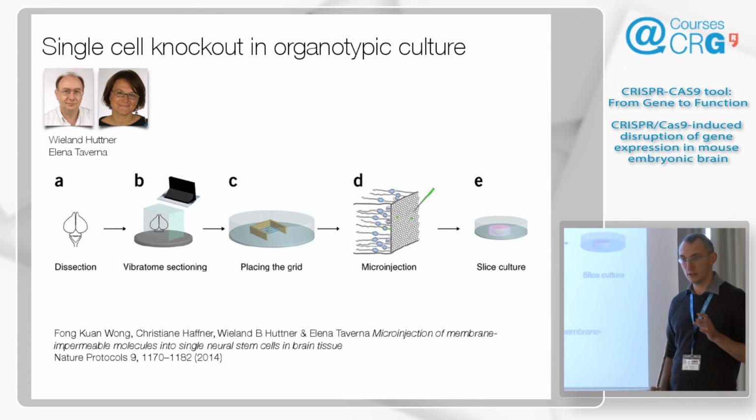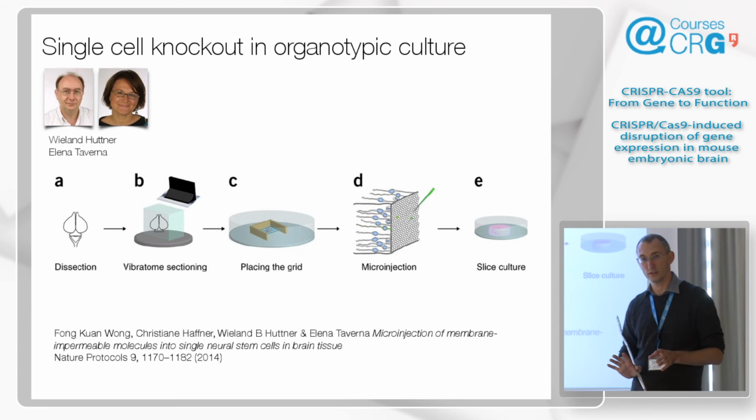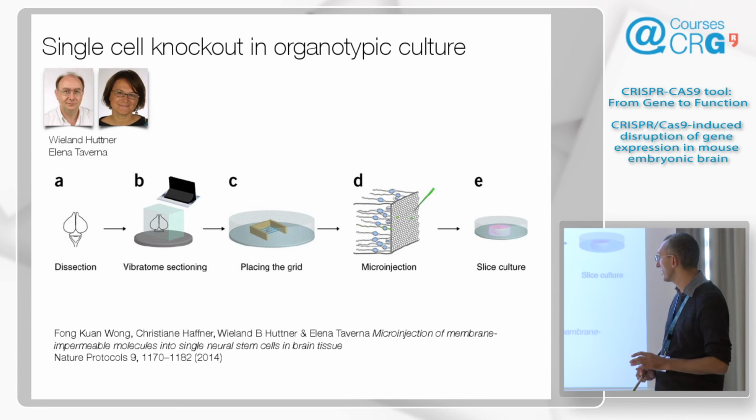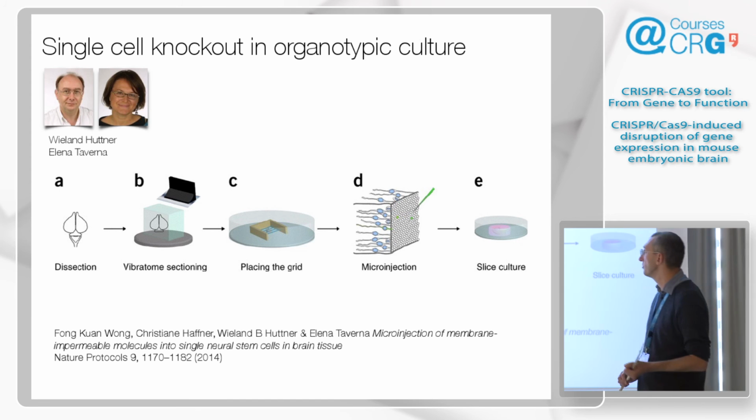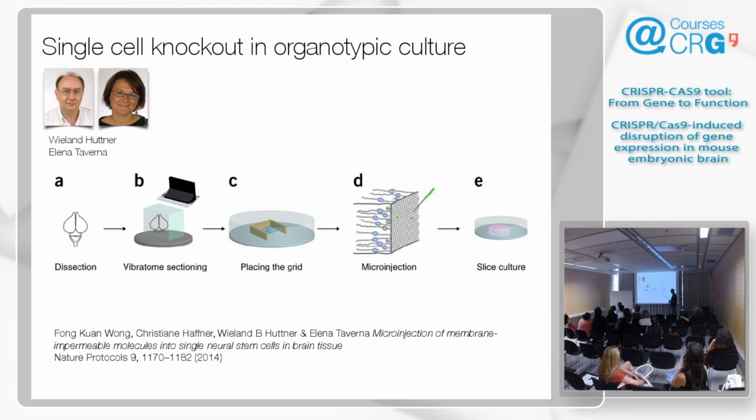Since that lab works on many different neurobiological techniques, they have another thing set up in the lab which they can do very well, which is to section a part of the brain and then place that section on a grid, embedded in a gel, where they can keep them alive for, I think, almost 2 days, and they will develop similarly to in vivo, but that allows them to have continuous imaging throughout the process.